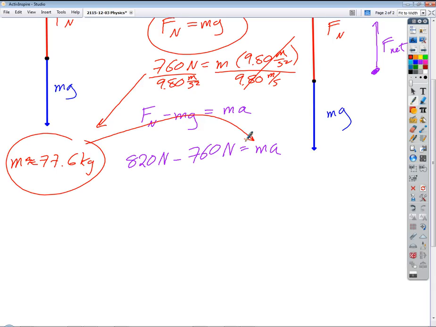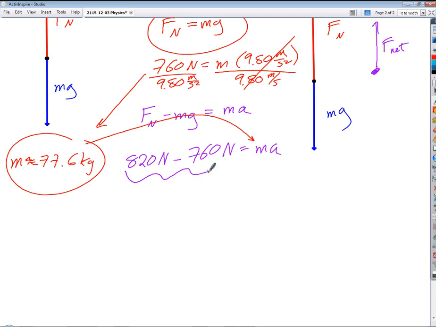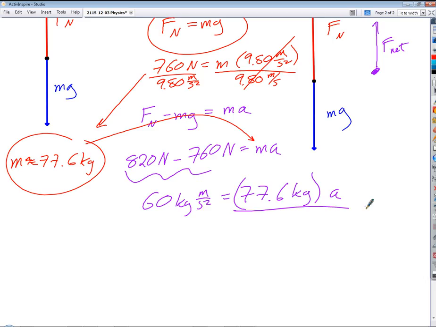Okay, so we get the equation: 820 minus 760 is just 60, right? So 60 newtons, which are kilogram meters per second squared, equals 77.6 kilograms times A. So we'll just divide both sides by 77.6 kilograms.